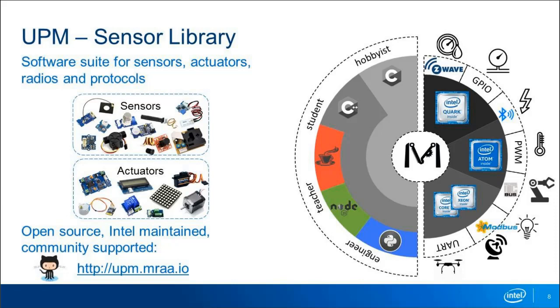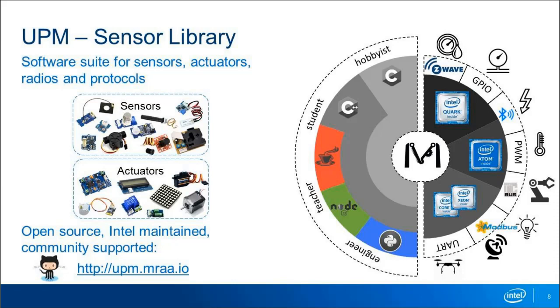These sensors are things like temperature sensors, moisture sensors, accelerometers, Hall effect sensors, as well as actuators like stepper motors, LCD displays, or just a simple relay. These sensors also range from simple prototype sensors all the way up to more industrial grade sensors.